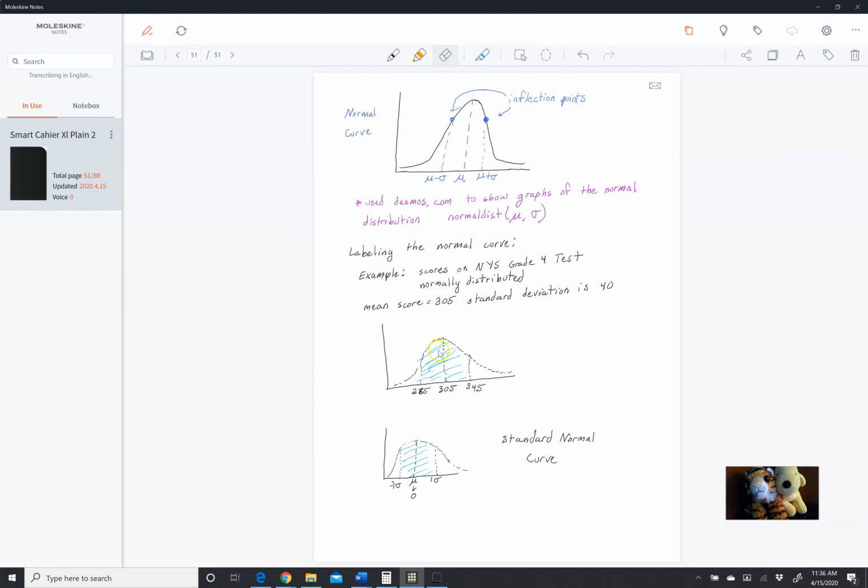That's always the same, regardless of how wide. It's the same as up here too. Okay, regardless of how high this curve goes, regardless of the standard deviation, this always remains the same. Okay, so let's do this nice and large.